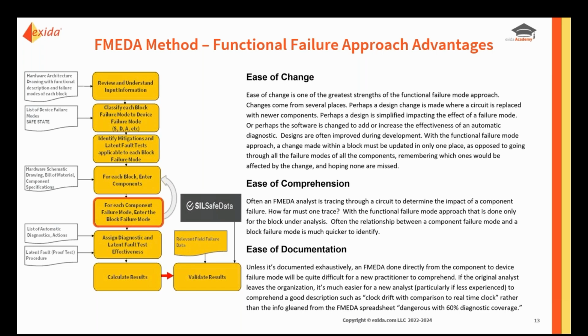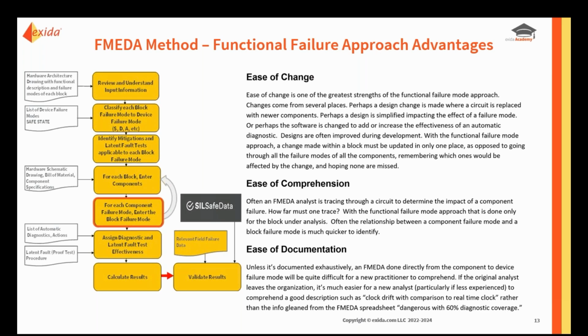Another advantage is ease of comprehension, right? Because if somebody else comes and sees that 50%, 30%, 20%, they're really going to have to dig into it to figure out why the original analyst did that. And thirdly, ease of documentation, right? Because it's essentially self-documenting.